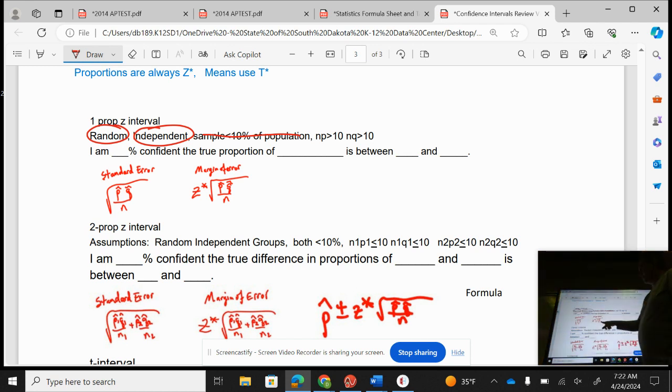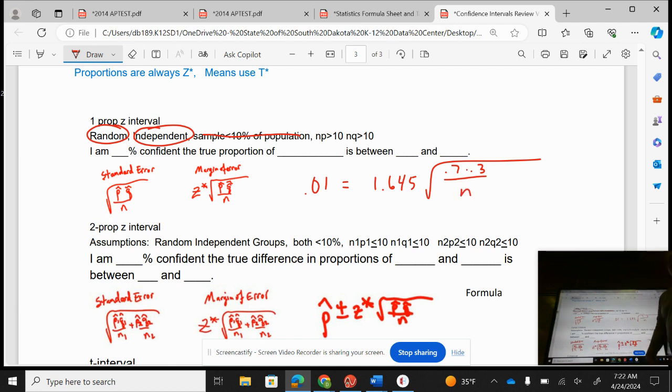So we use this formula where the margin of error, we want to cut it to 1%. I'm going to do this one down here since I have a little bit more room. And we did a 90% confidence interval, so 1.645. We know that our best guess is 0.7 and 0.3, and we need to figure out n.